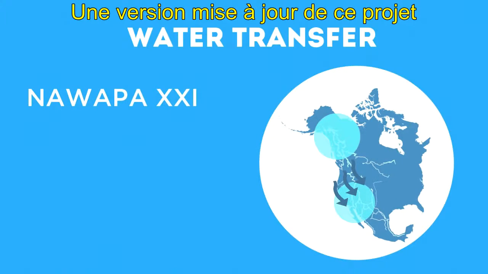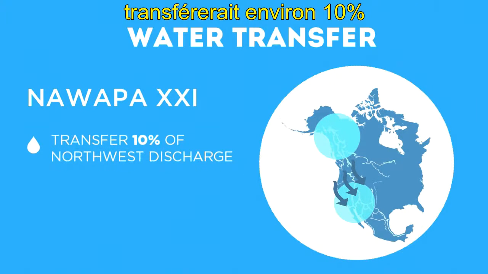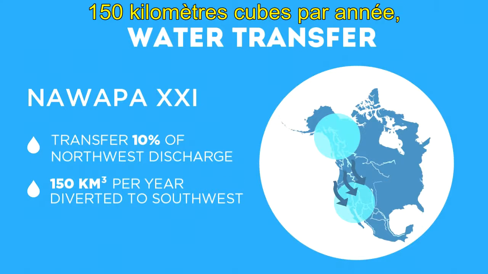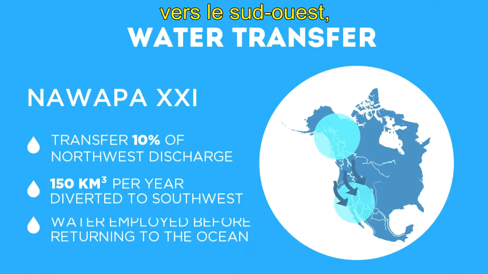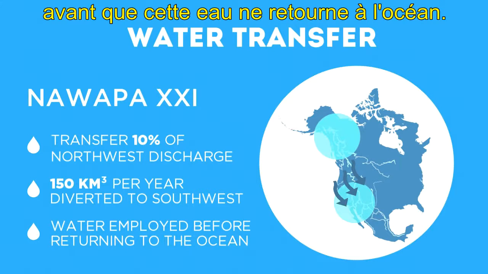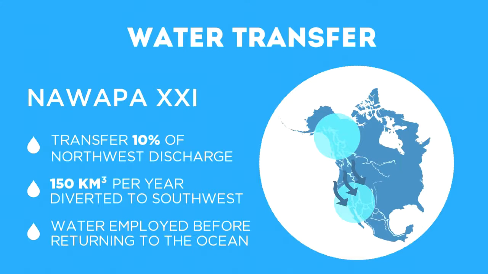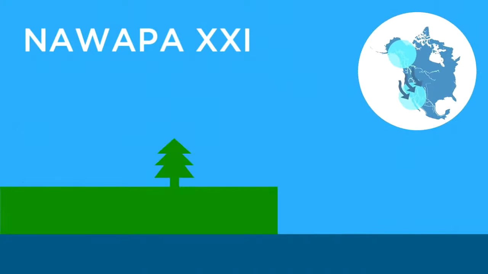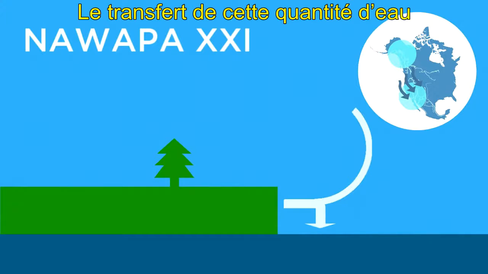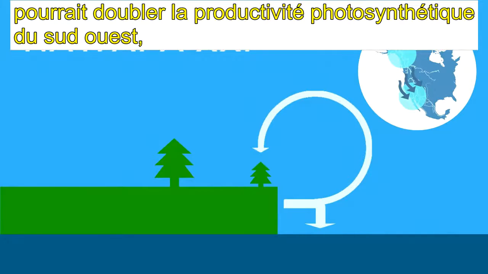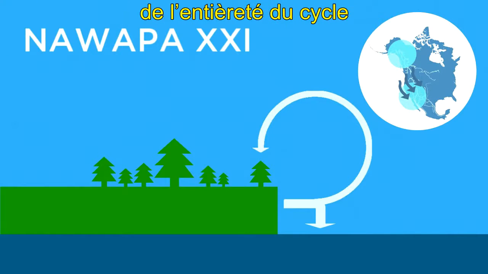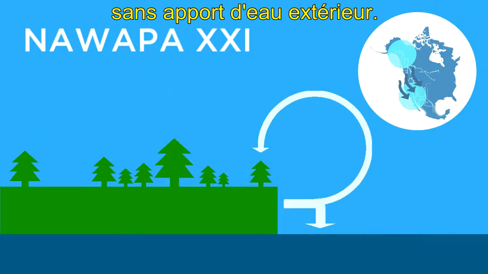An updated version of the program could transfer roughly 10% of the northwestern discharge, 150 cubic kilometers per year, down throughout the southwest, before that water returned to the ocean. The addition of this amount of water could double the photosynthetic productivity of the Southwest, increasing the productivity of the entire cycle without changing the net volume of its flow.